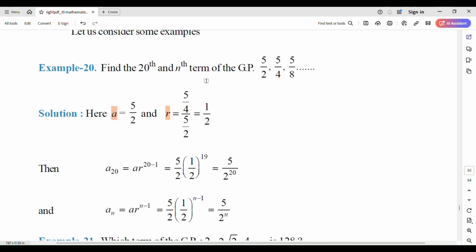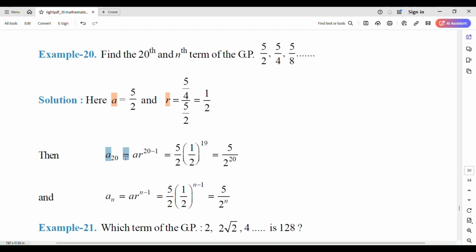Now we are trying to find the 20th term. a20 is equal to a into r to the power of 20 minus 1, so that is 5 by 2, the initial term, into 1 by 2 whole to the power of 19. That means 5 by 2 to the power of 20. This is the 20th term, and the general term an is equal to 5 by 2 to the power of n.